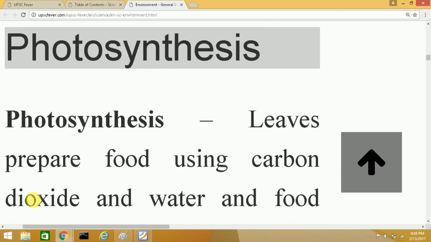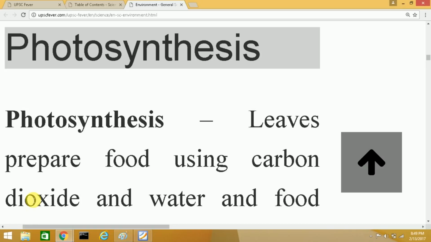Oxygen is released in this process, and although at night time sunlight is not available, the amount of oxygen released by photosynthesis during daytime is much higher than the carbon dioxide that the plant releases during the night. And so we say that this world is surviving only because of the plant.